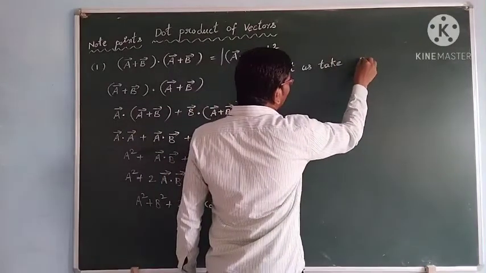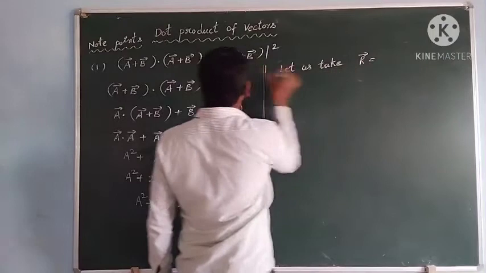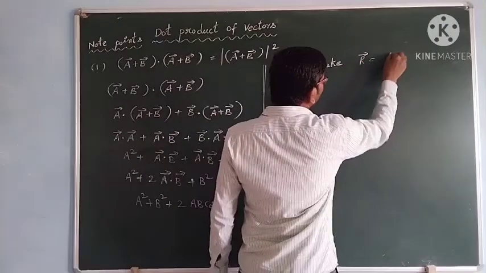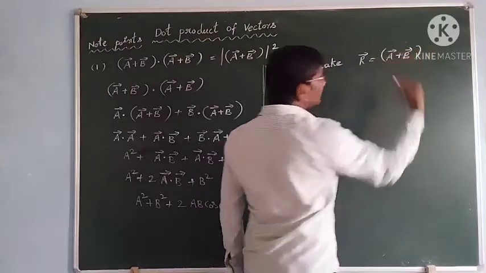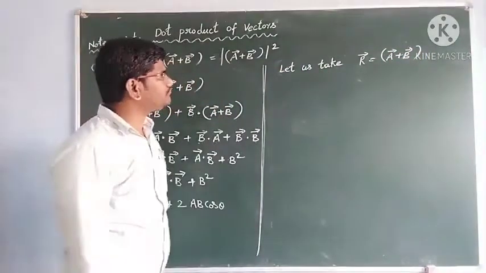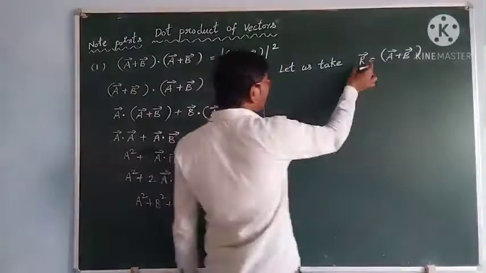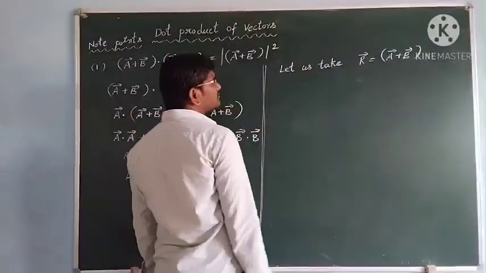R bar is a vector which is the addition of A bar plus B bar. Okay students, then I want the modulus of R bar.